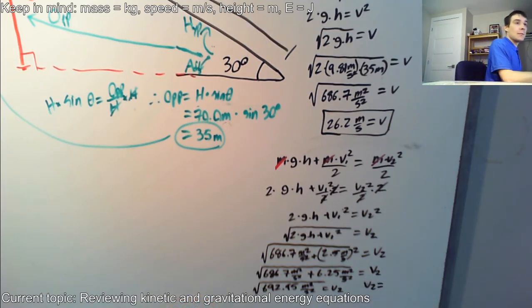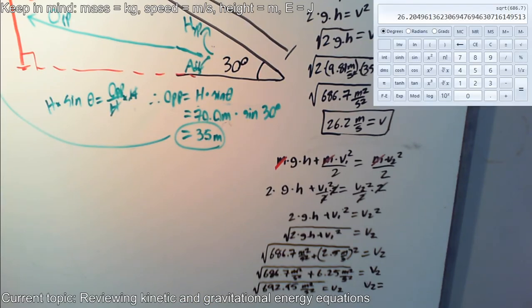We'll pull up the calculator, and clear. It is 692.95, and we're going to square root that. 26.32 meters per second is the new v2. Right?